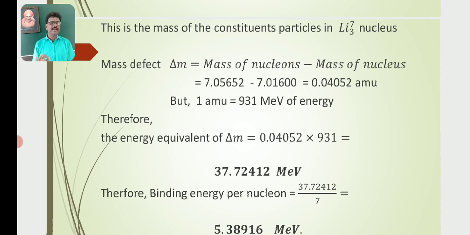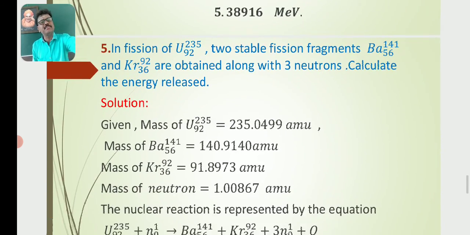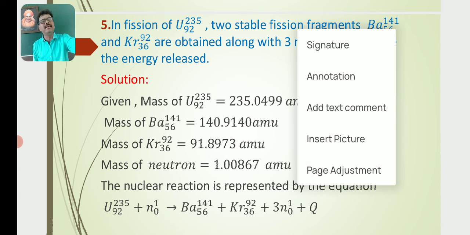Here 5.38916 mega electron volt is the specific binding energy of lithium-37. That means the amount of energy required to remove a nucleon from lithium-37. So, the binding energy of lithium-37 and the specific binding energy of lithium-37.